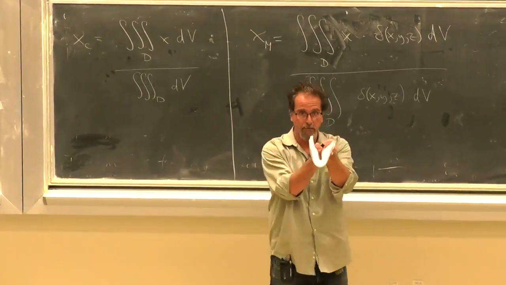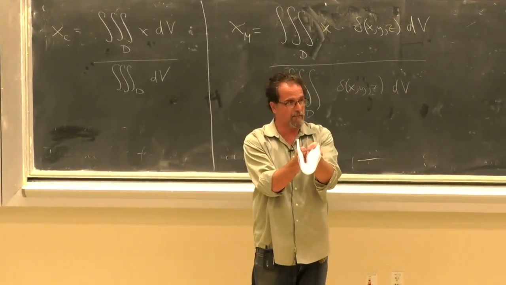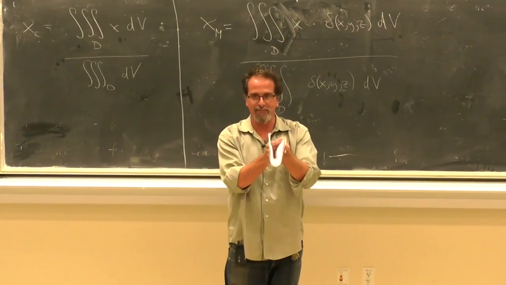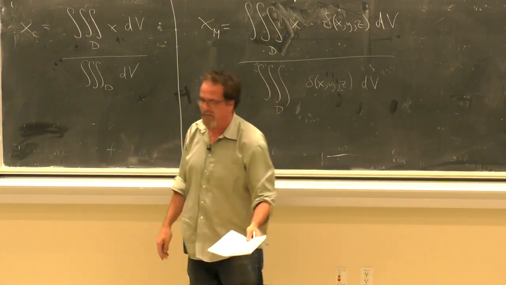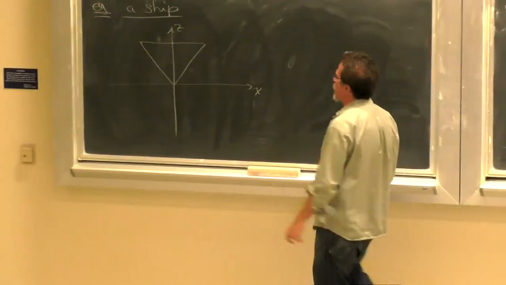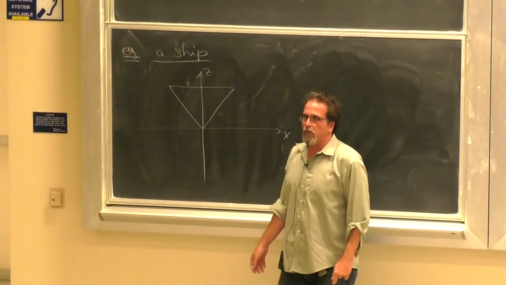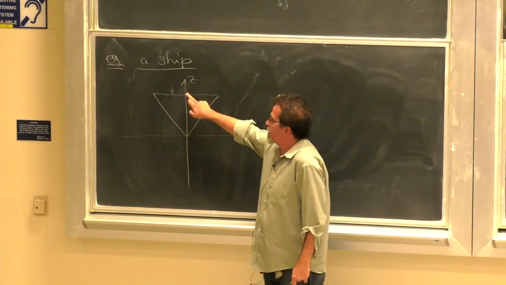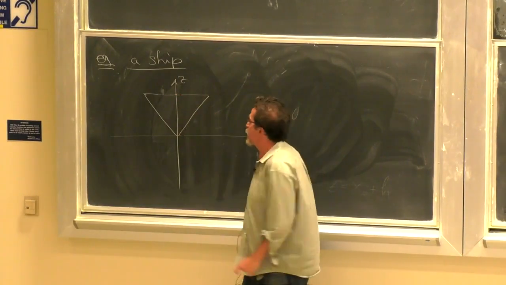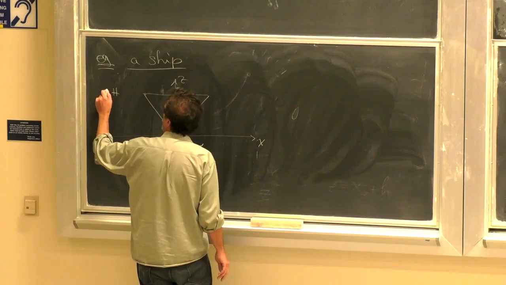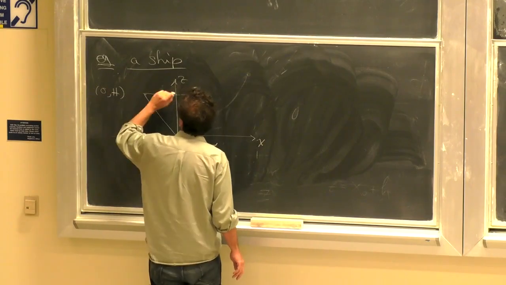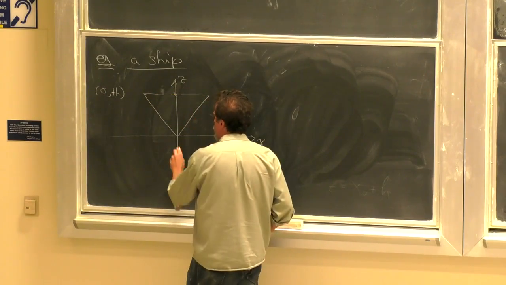So it doesn't have good hydrodynamics, right? It's got a flat face. So let's give some parameters here. From this point to this point, the height of the ship is going to be h. And this will be 0, h, that point right up here, because we'll do this with coordinates.